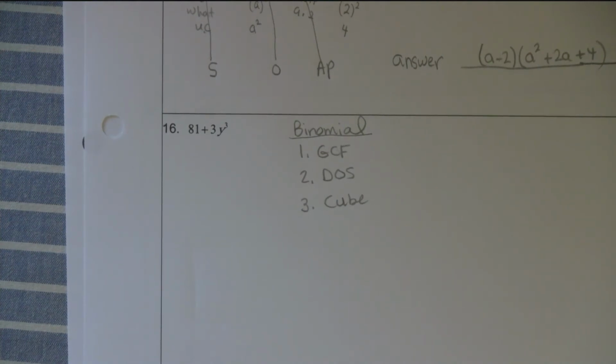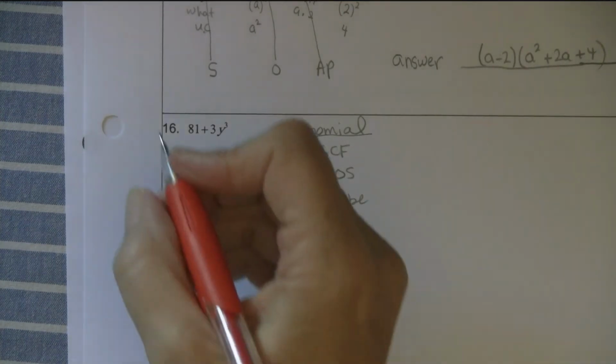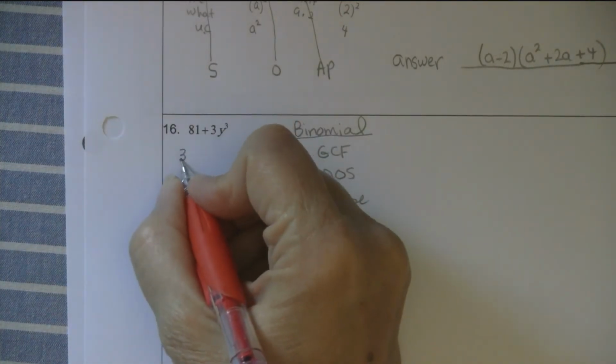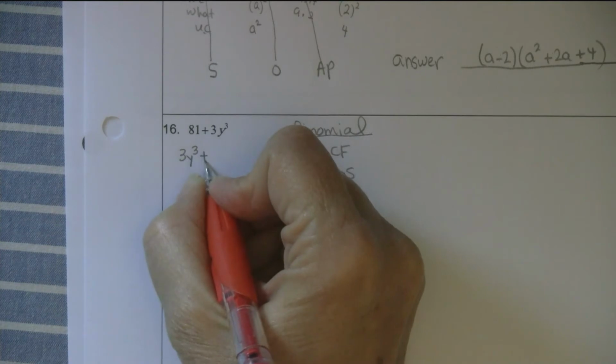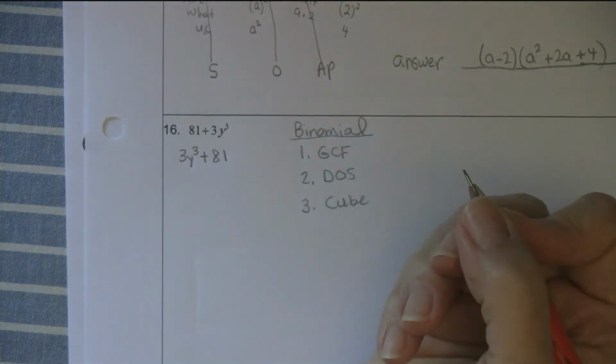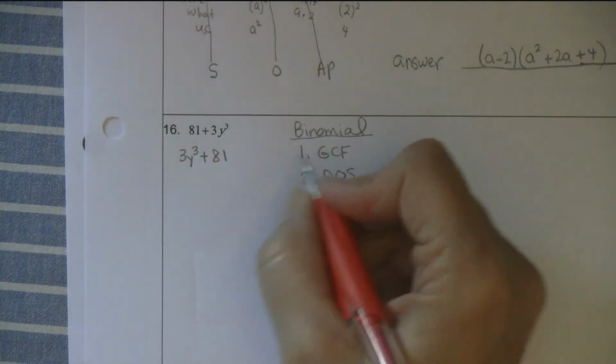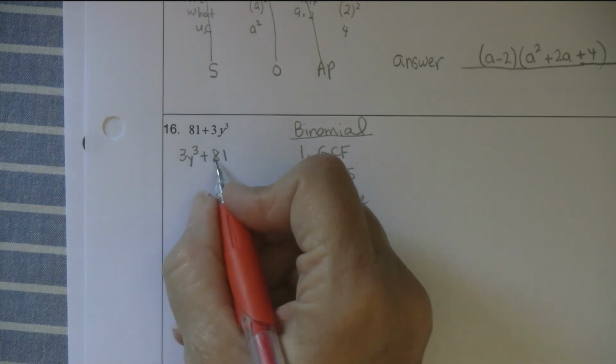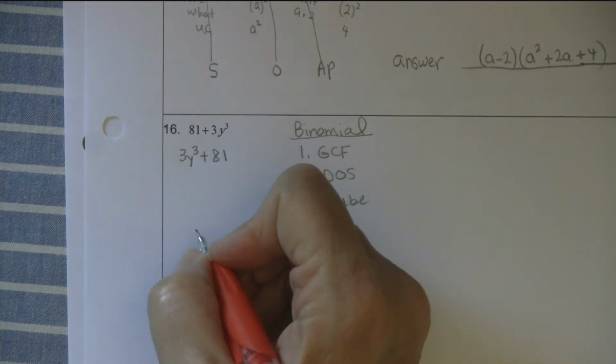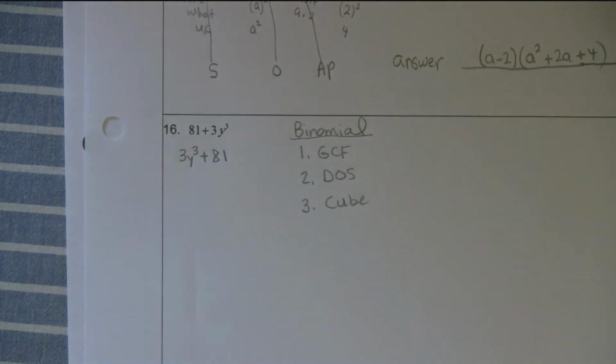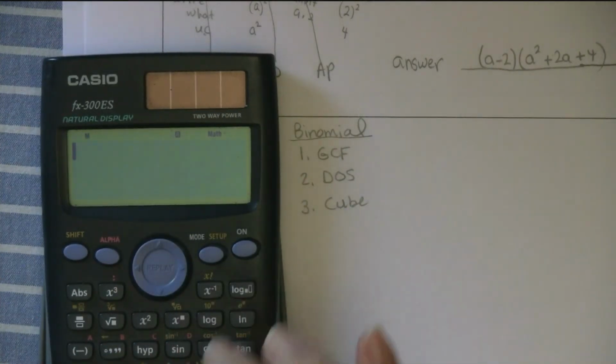I'm looking at this, and I can't help but notice it's out of order. If you want to leave your binomial in the order, you could factor it that way. But me, I would reorder it, because it was out of order. And now greatest common factor. Well, 3 goes into 81. Do you guys agree? 3 goes into 81, right? You can get your calculator out to verify that it does.